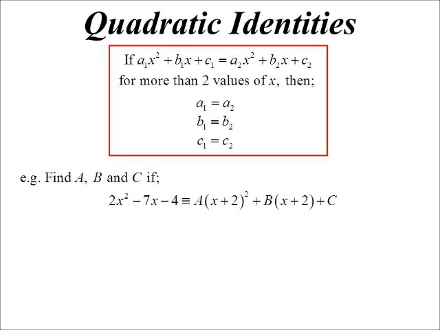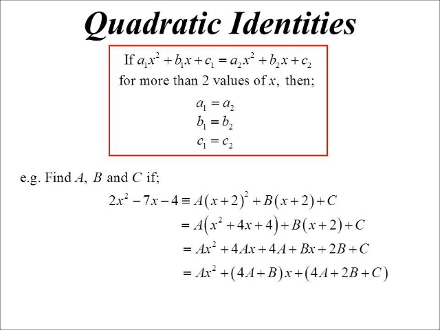So if this is true, I know the coefficients are equal. So I could equate the coefficients. Expand the whole thing out. Group the x squareds together, group the x's together, group the constants together. And now I can equate the coefficients.